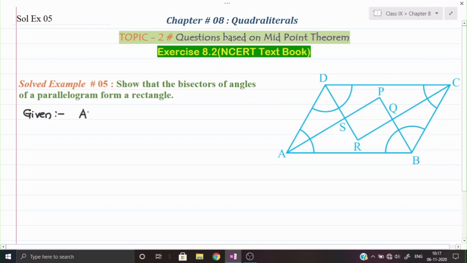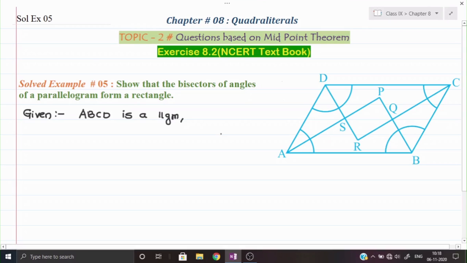First of all, in the given, we shall check what we have given here. ABCD is a parallelogram, that is given here. Second thing, we have given that the bisectors of angle A, B, C and D are intersecting at some points and they are forming the quadrilateral PQRS.